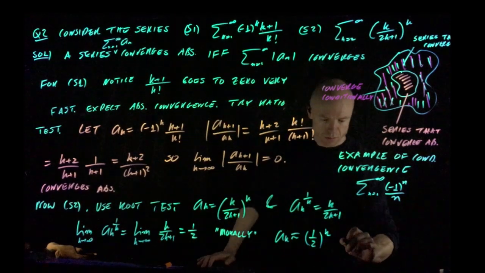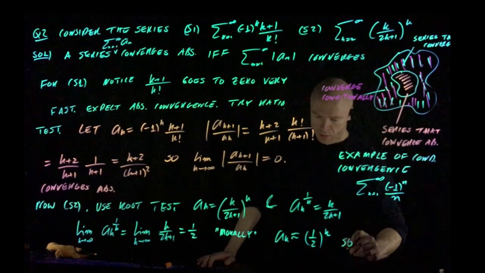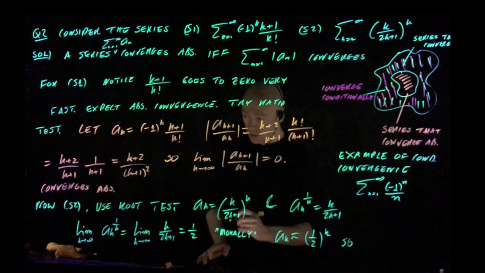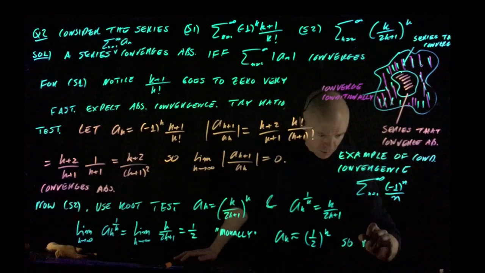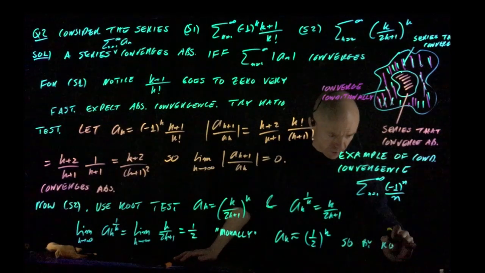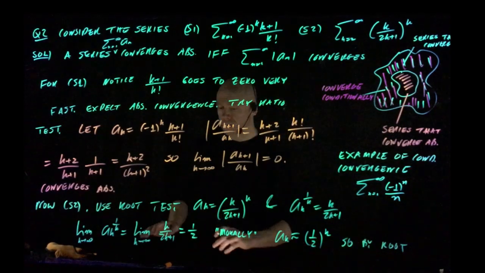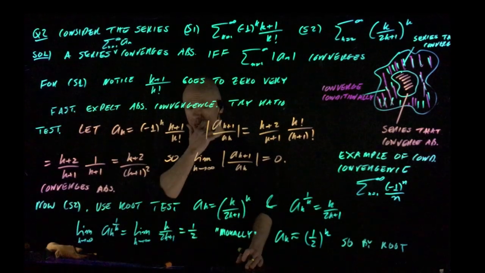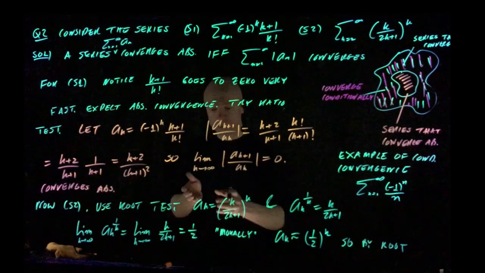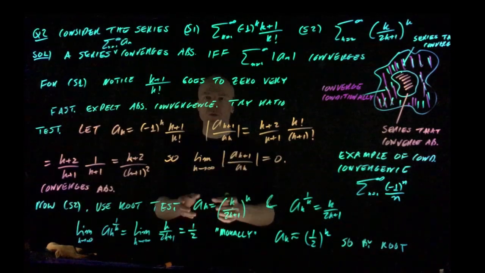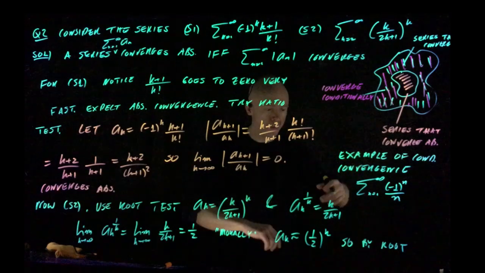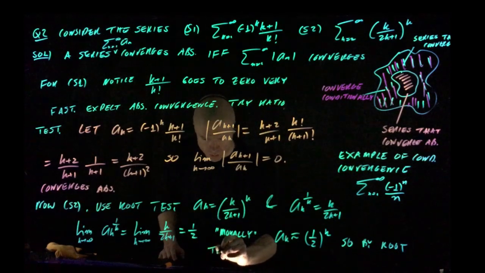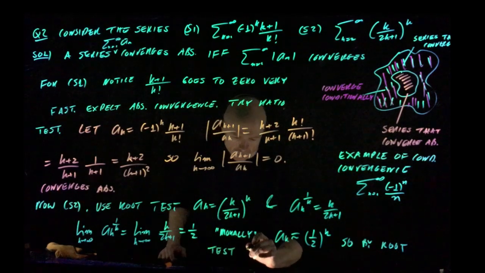So by the root test, strictly using the statement of the root test, since this limit is less than 1, then it converges. And the less than 1 is again because if it's less than 1, then whatever that limit is, it's like a geometric series of that number to the k. So by the root test, it converges absolutely.